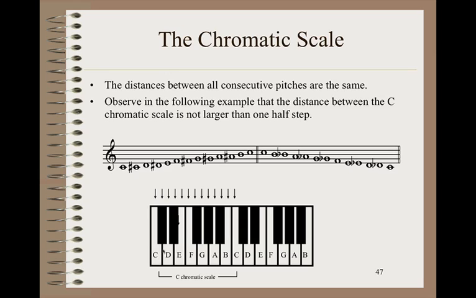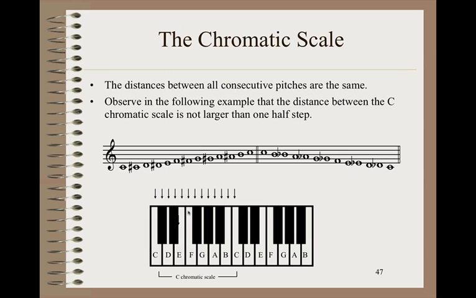and I go to the black key, C sharp, then the D, then the D sharp, then the E. Now notice how that corresponds right up here. I don't write an E sharp because I'm following exactly as the piano.